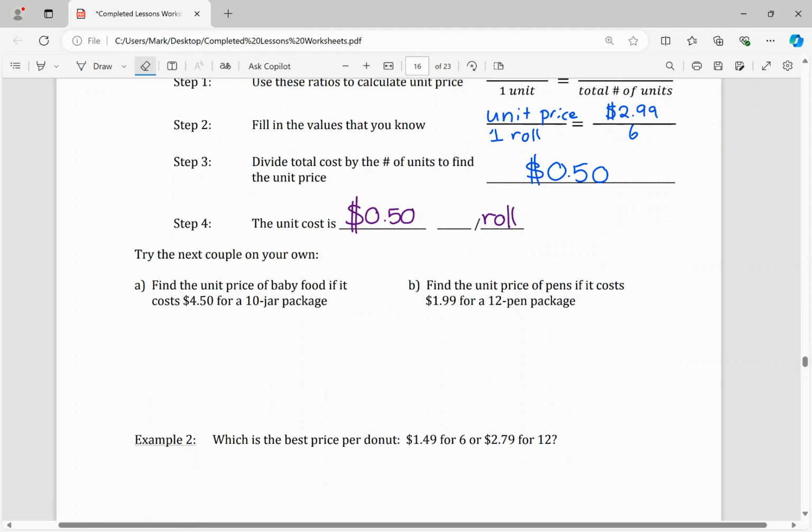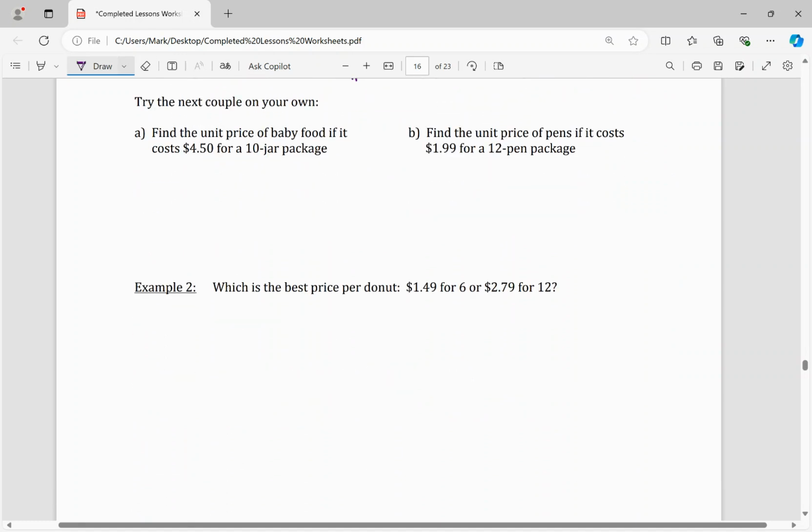So for these next couple examples, divide the numbers and find the price per unit. In example A, that would be the price per jar. In example B, that would be the price per pen. And then make sure that your answer matches mine. So example A, find the unit price of baby food if it costs $4.50 for a 10-jar package. So we're going to take $4.50. We're going to divide that by 10. And what we get is 45 cents, not $45.